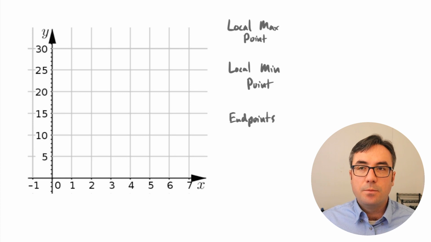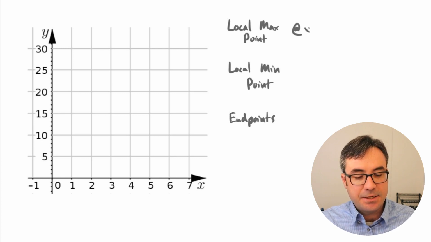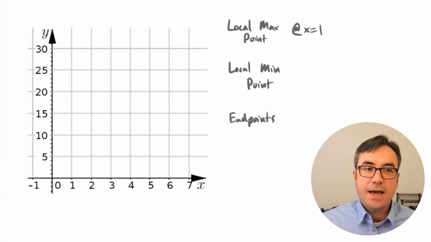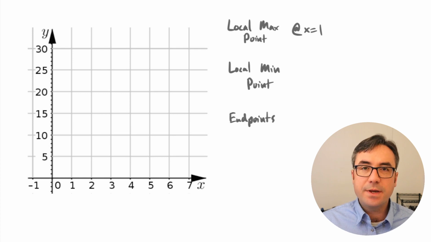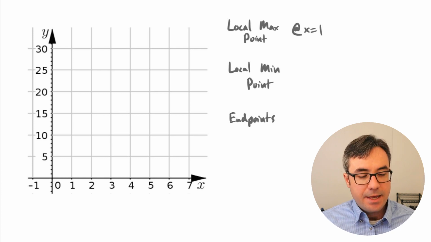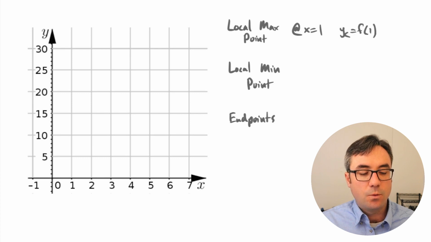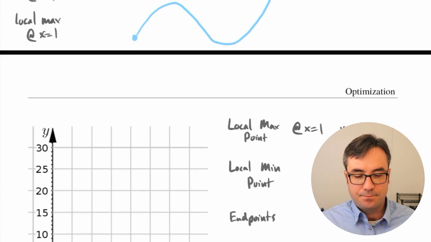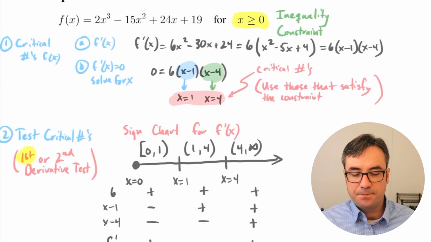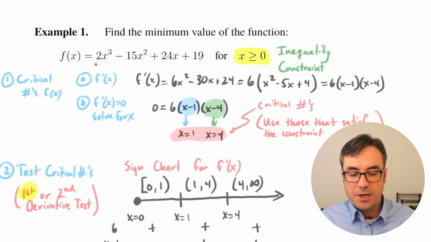So our local max point, we found one local max, and it happens at x equals 1. So what's the actual y-coordinate for that point? Well, the way we can figure out the y-coordinate is by plugging into the original function. So we're going to plug 1 into the original function. Let's pop back up to the original function. Here it is.